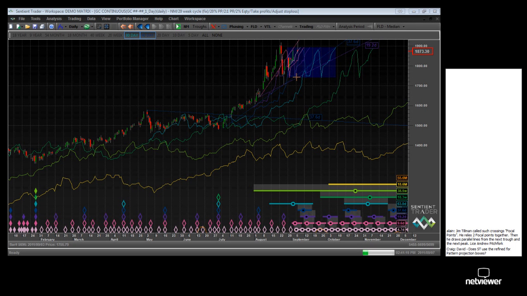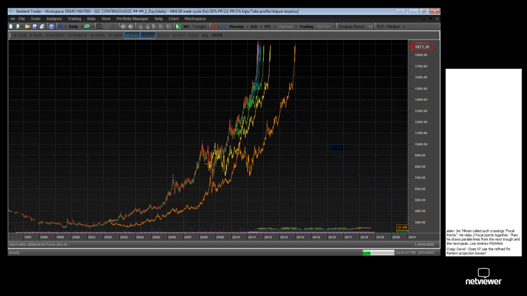What do they mean? Well, when an FLD pattern develops, a congestion pattern, where they're all very messy, it tends to indicate that the price is likely to get stuck there. Price will also in future get congested in that area. It causes what Hurst called a pause zone, and you'll notice that Sentient Trader has in fact plotted a dark blue square underneath that, indicating that there is a pause zone in terms of price at that level over there, roughly the 1800 level.